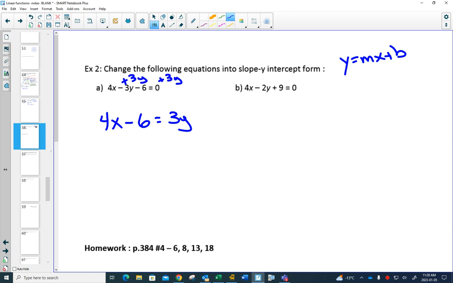Now, technically, if two things are equal, I could either write it like this, 4x minus 6 equals 3y. I did it that way because of how the equation was originally. Can you see that that means the same thing as this? So you could switch it over at any time. Generally, in y equals mx plus b, the y is on the left. It wouldn't be wrong if the y was on the right, but just so that it matches up, we'll put the y on the left.